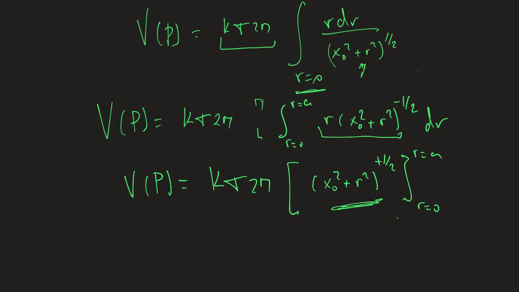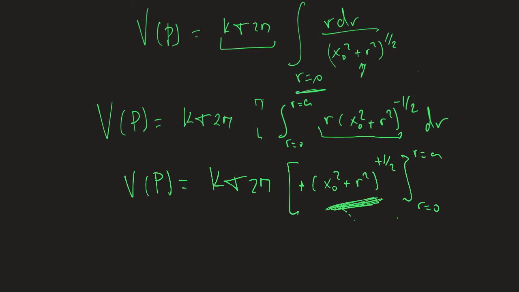Let's do the derivative. If you do the derivative of the function, you will get 1/2 times x0 squared plus r squared to the power minus 1/2 times 2r. The 2 will go, and the minus sign, so the integral is this one. No, there is no minus sign. It's correct. So this is the integral.